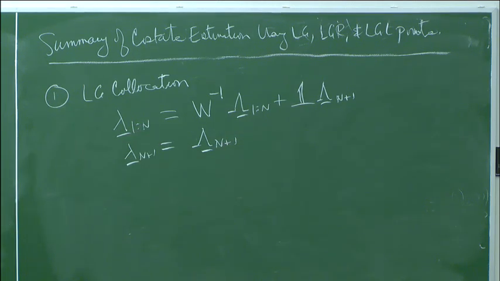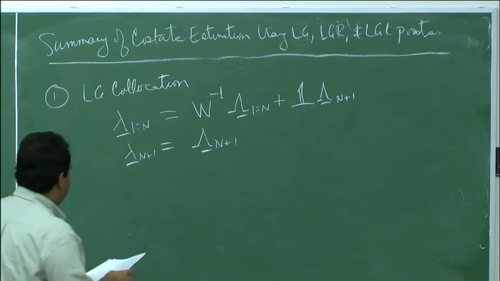And then we wind up with the other result, which is that the costate at the initial point is computable as follows.